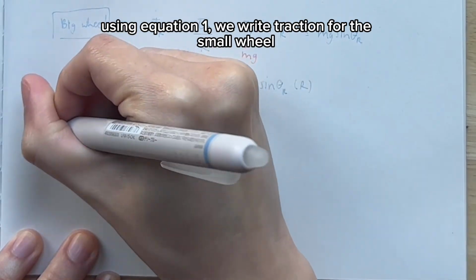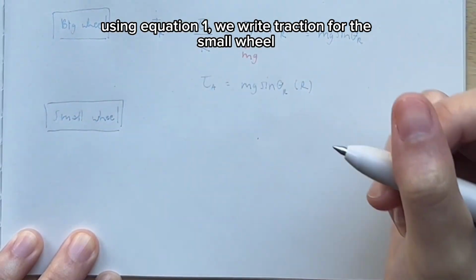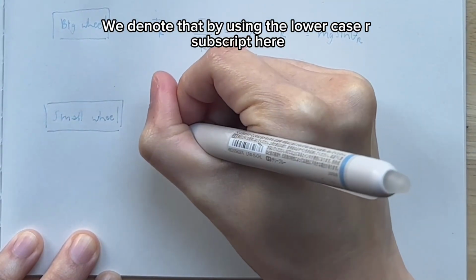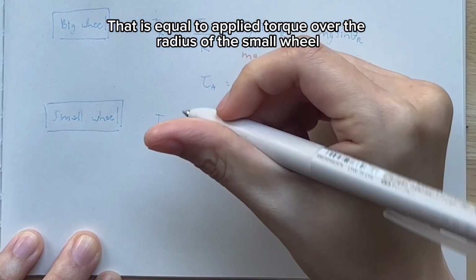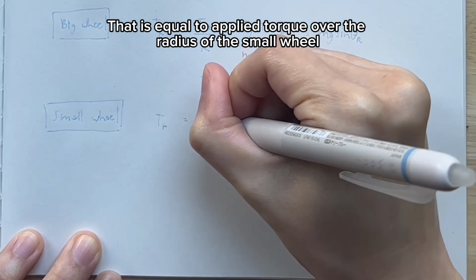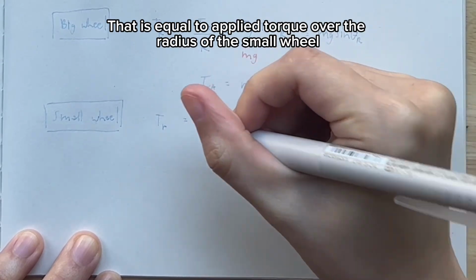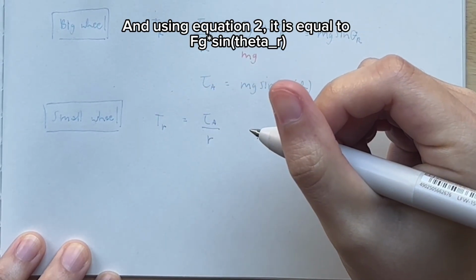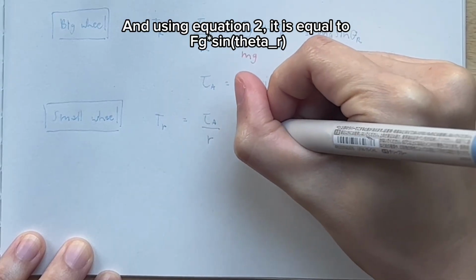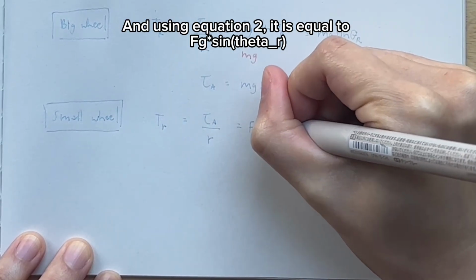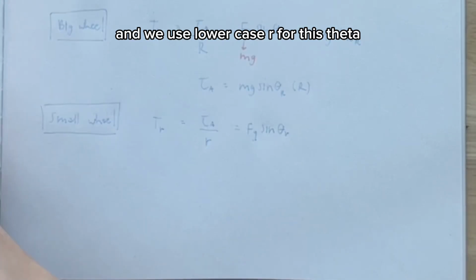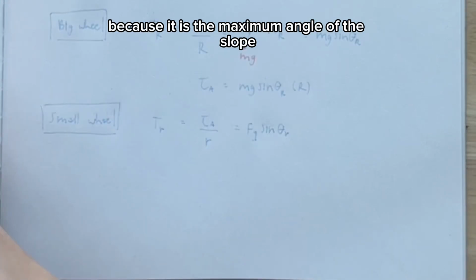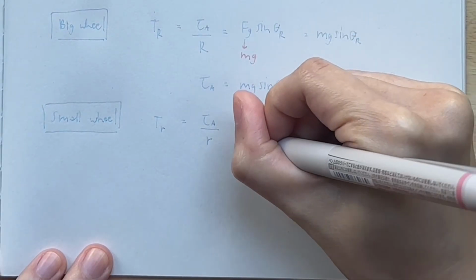Very similarly for the small wheels. Using equation 1, we write traction for the small wheel. We denote that by using the lowercase r subscript here. That is equal to applied torque over the radius of the small wheel. And using equation 2, it is equal to Fg sine theta lowercase r, and we use lowercase r for this theta because it is the maximum angle of the slope for the small wheel.